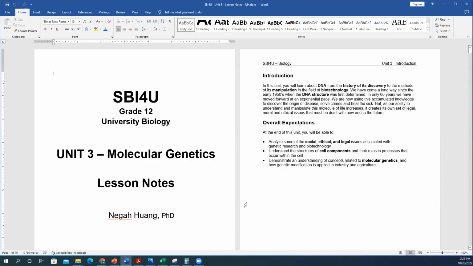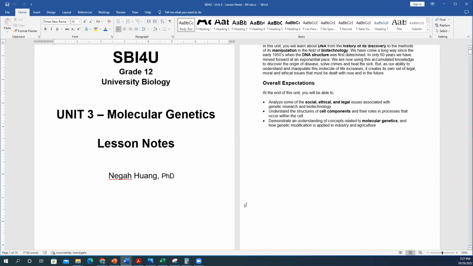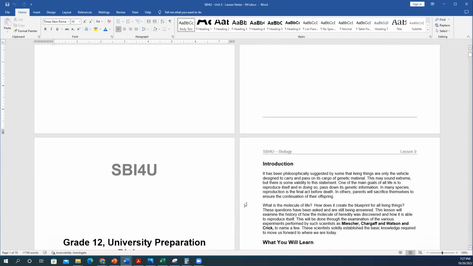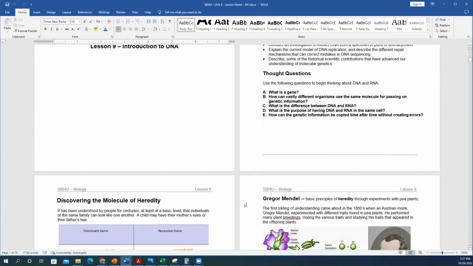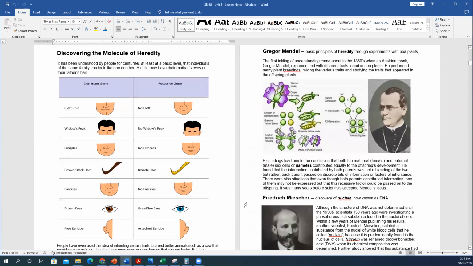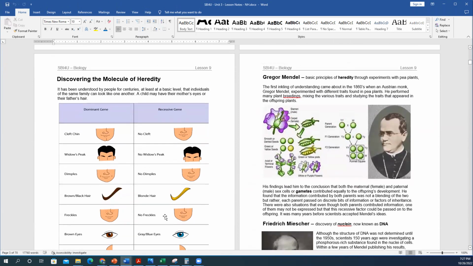And finally, Unit 3 was our molecular genetics unit. We introduced you to the concept of heredity and how Gregor Mendel was the first one to actually lay out some controlled experiments where he came to the understanding that the traits of the offspring came from both parents.